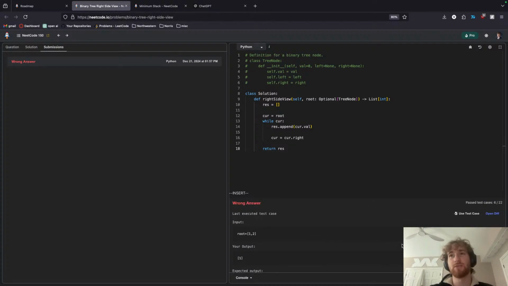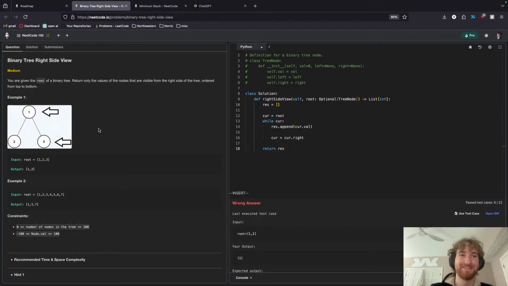Oh, because if there's only a left, it would shine through. Okay. So it's not as simple as I thought. I really thought it was that simple.